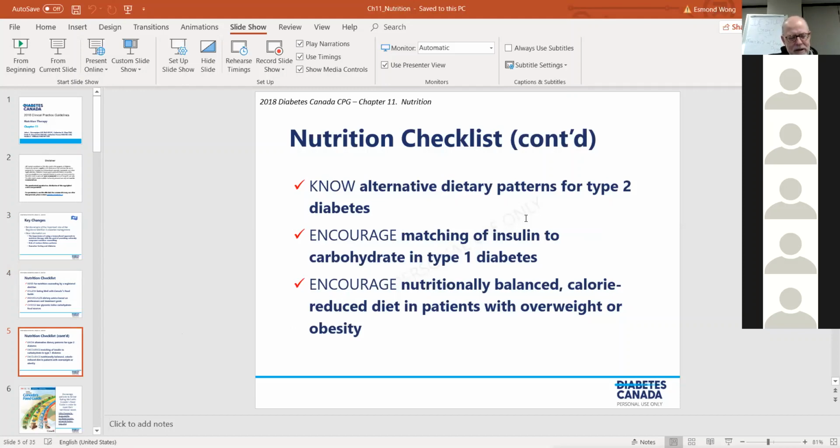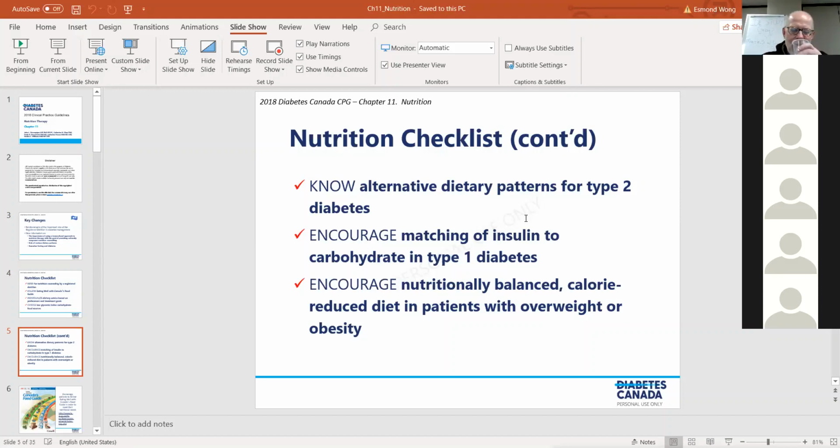Obviously, when we look at people on insulin, we want to match the insulin to the carbohydrate intake. And why carbohydrates specifically? Why are we matching to carbohydrate intake?